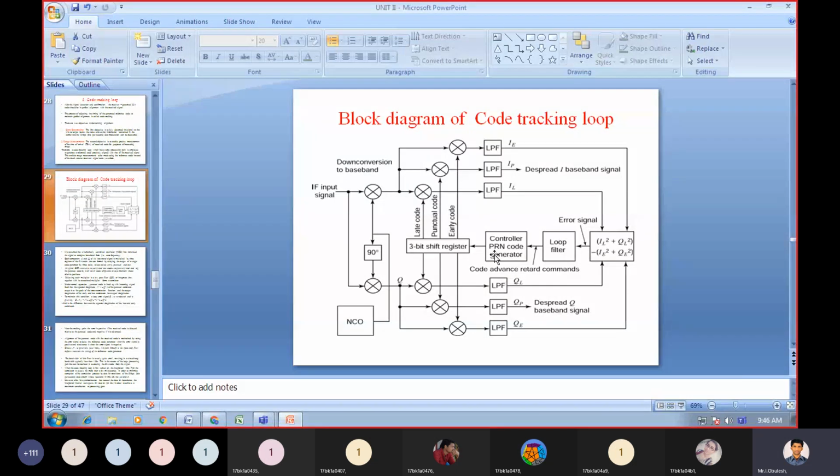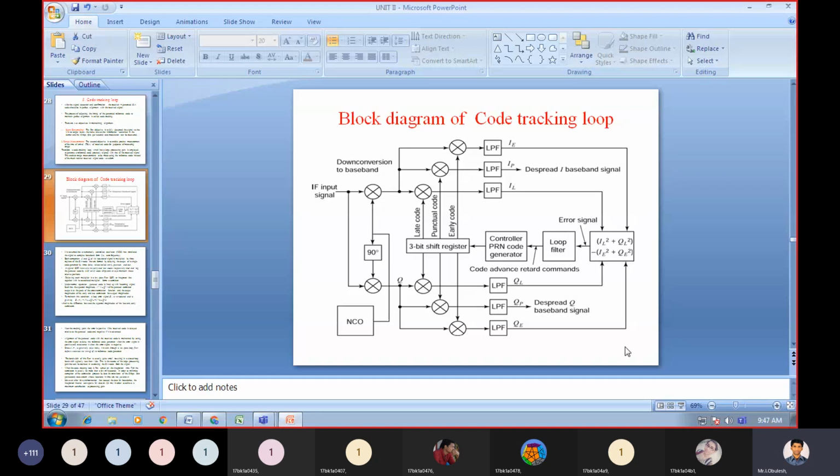Here we have a control pseudo random noise code generator, from which you get the three-bit shift register outputs. Here we have a loop filter, which generates the code advance and retard commands.